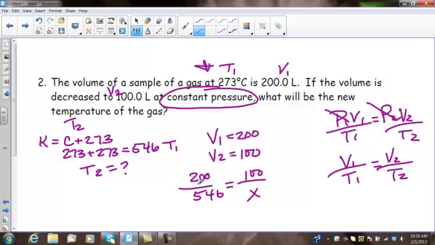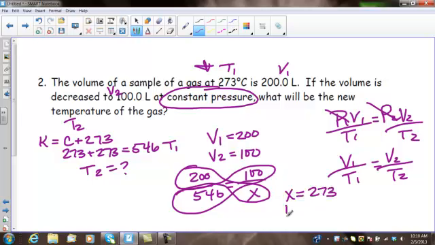You can see that your volume is decreasing in half. Volume and temperature are a direct relationship, so if your volume decreases, temperature should decrease. So let's do this out: 546 times 100 divided by 200. And my X winds up being 273. So my T2 is 273 Kelvin, and you can indeed see the volume was cut in half. The temperature also halved.